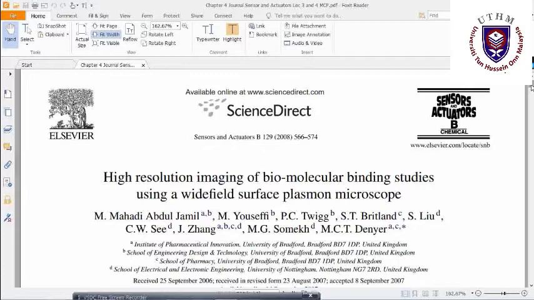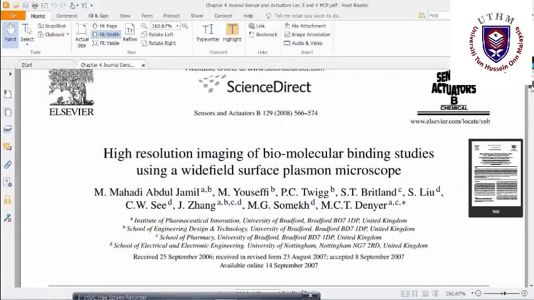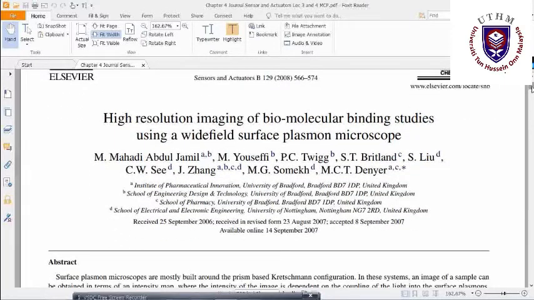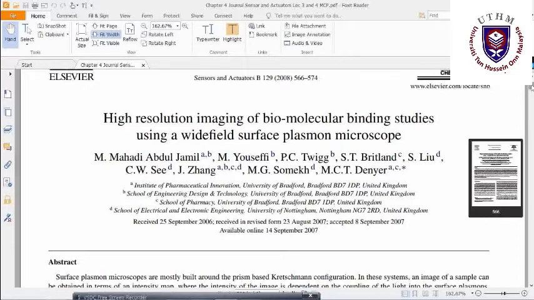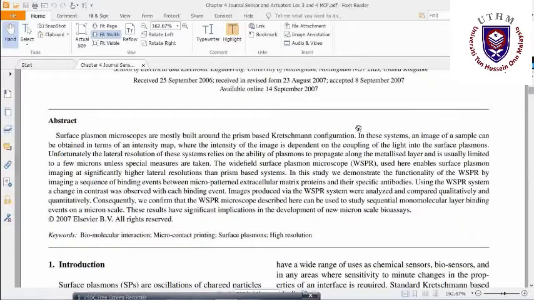Okay. So the high resolution imaging system is actually known as surface plasmon microscope. In this paper, we will look at two types. One is known as wide field surface plasmon microscope, and the other one is the standard one.